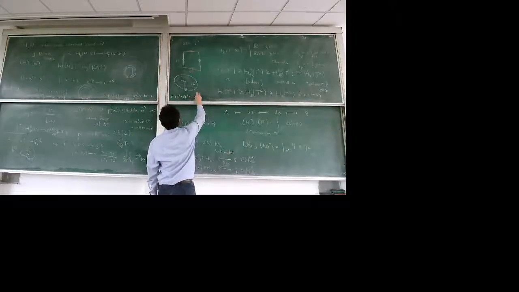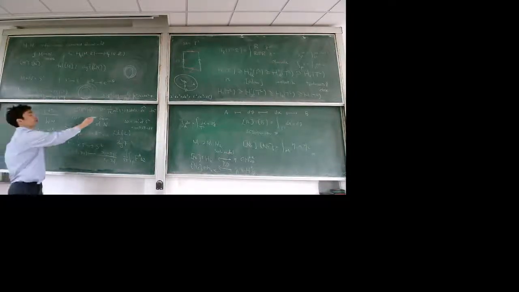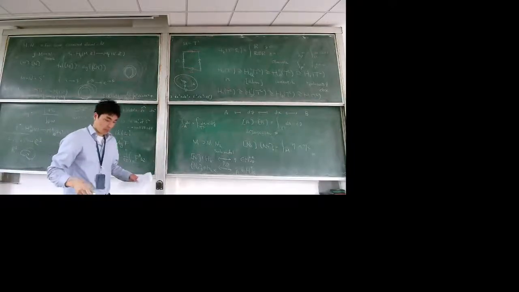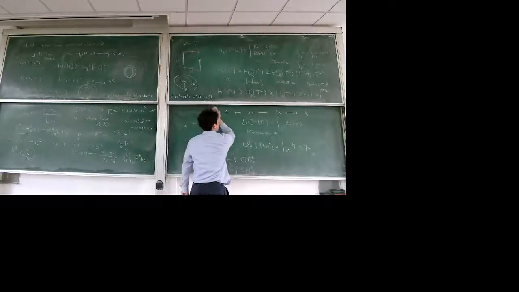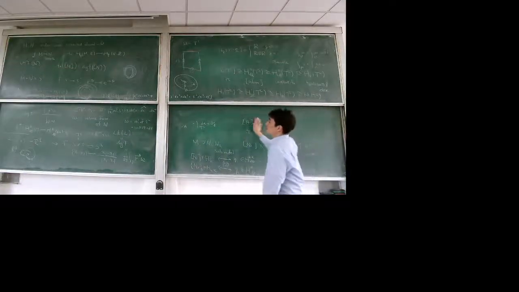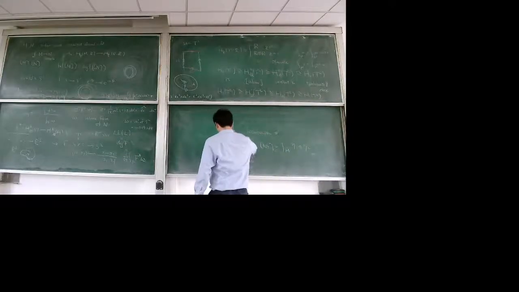Everything becomes cyclic. Okay, so this is a form. Do you understand? So if you restrict yourself to this one, you get this one. And then one can write down this integral as follows.